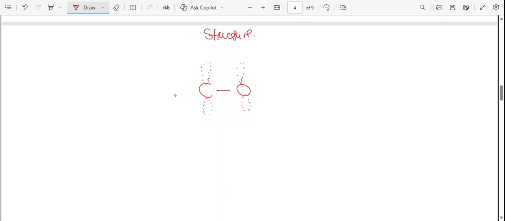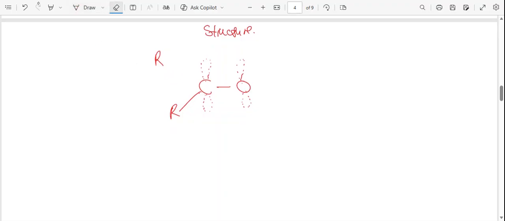Then remember, we could have R there, the alkyl group, and also the R. You remember the structure that I drew in the case of ketone. This is what we experience. If you notice, let me show you the bond angle here.